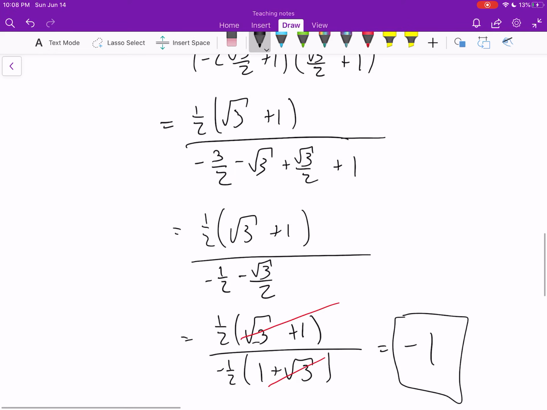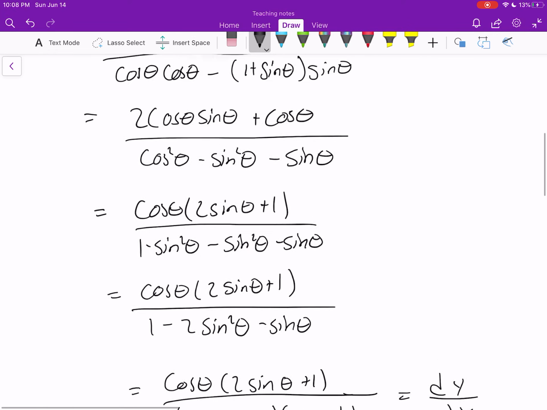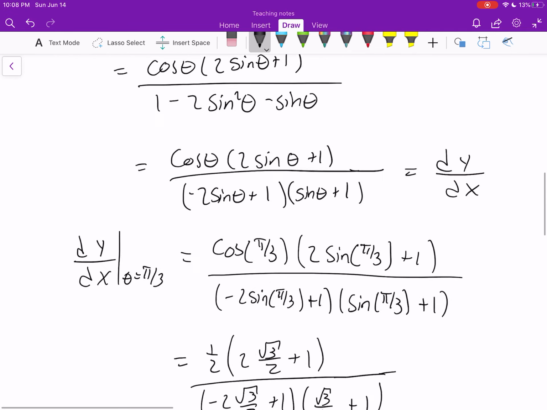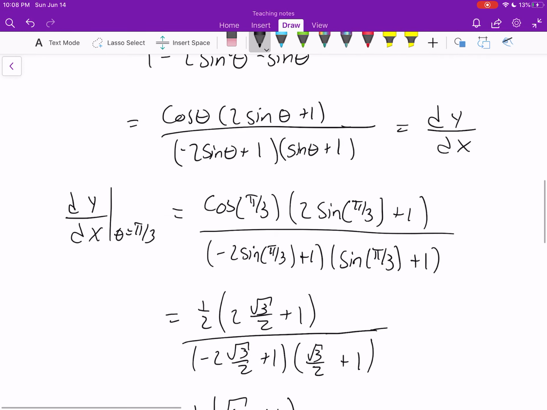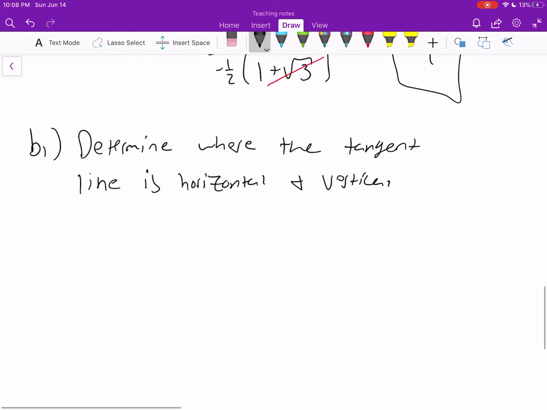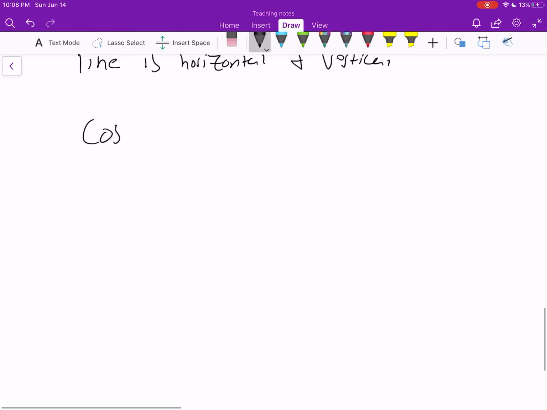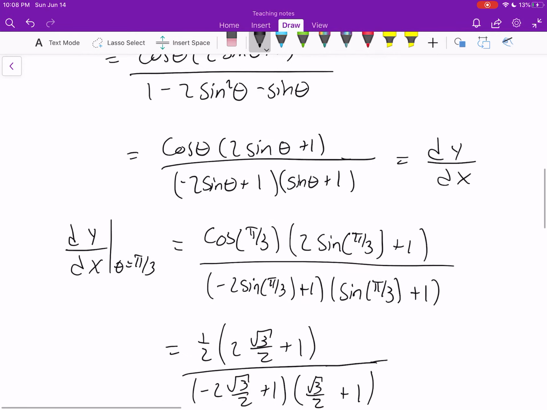So what we're going to do for that is we're going to take the original derivative. I guess we're going to do it from there. So cosine theta, 2 sine theta plus 1. I'm sure there's a grab tool that I'm not using.